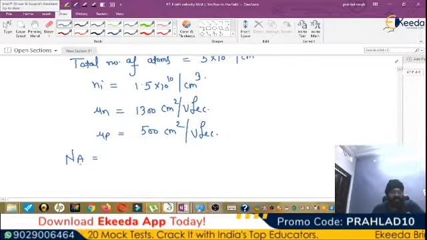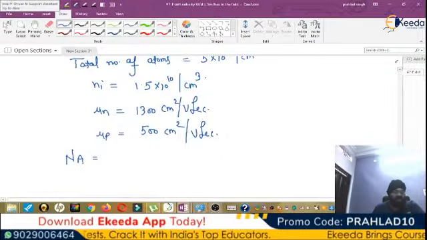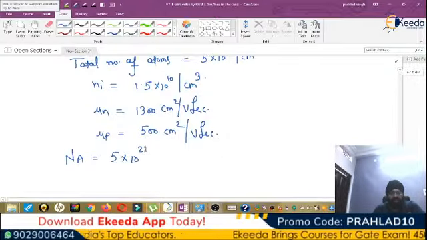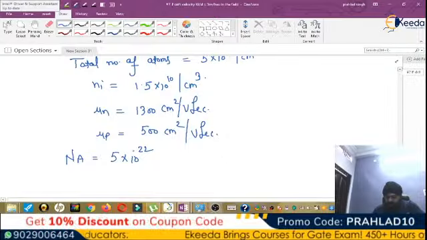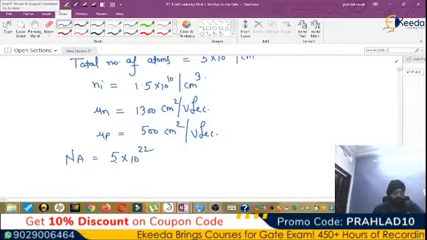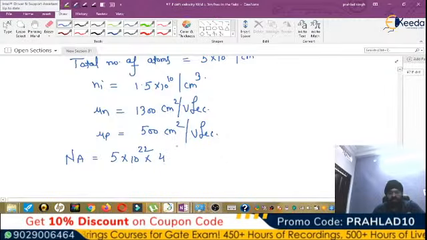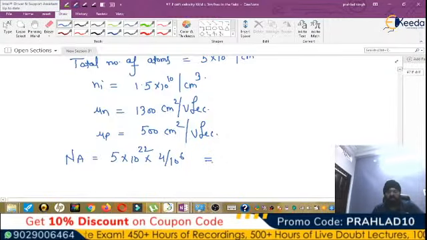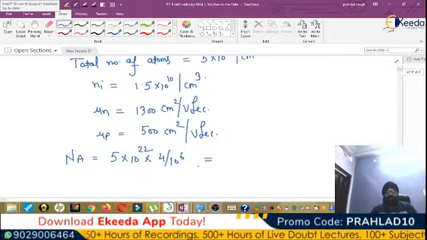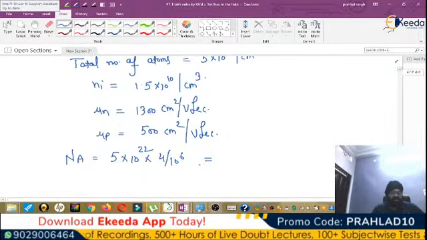So Na, which is the acceptor ion concentration, is 5 into 10 to the power 22 into 4 is to 10 to the power 6, right?